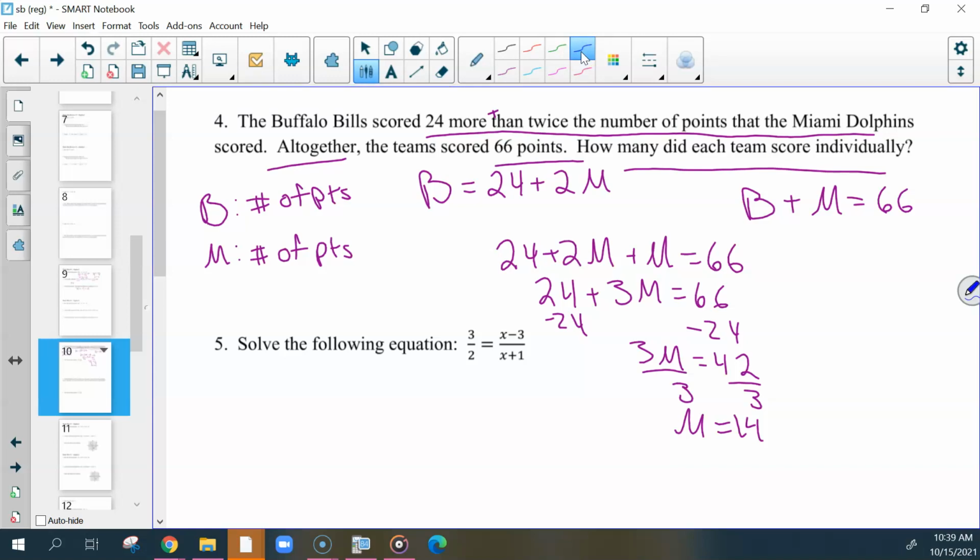So I can take 14, put it back in for this equation we found for B, and figure out what that is. 52. So again, that one was a little harder. But our final answers were Miami Dolphins scored 14 points, Buffalo Bills scored 52 points.